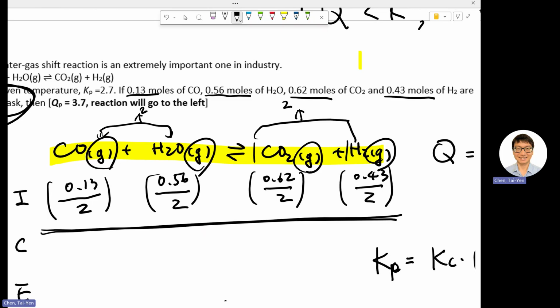Delta N is always the product minus the reactant. That's 2 minus 2, therefore you get 0. Is that clear? No. So you only look at the equation. Any other questions?